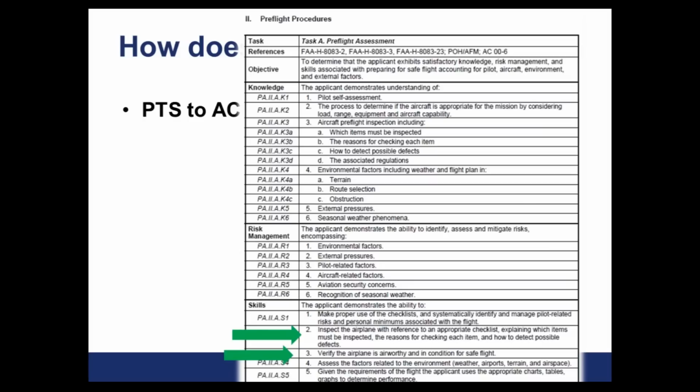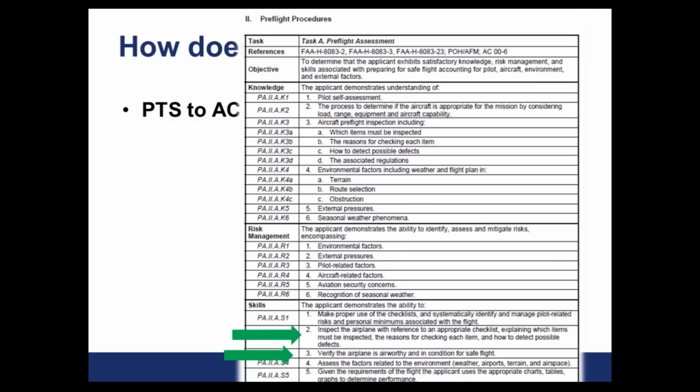I'm going to explain to you how this works and why you're not going to have a 6-hour Checkride, even though when you look at this list, you say, oh my gosh, this is going to take forever to get through my Checkride because this is so much information I have to know. By the way, my 2 green arrows are pointing to the original elements from the PTS.